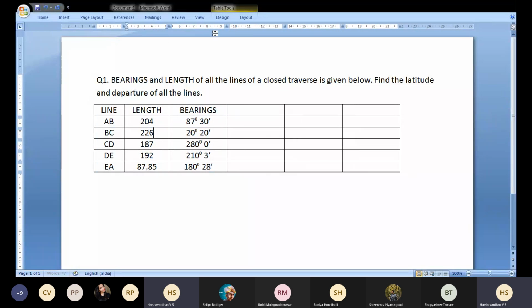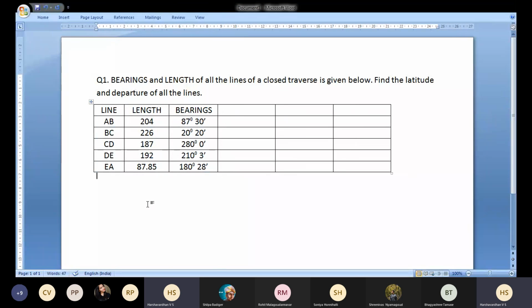We have to find out latitudes and departure.